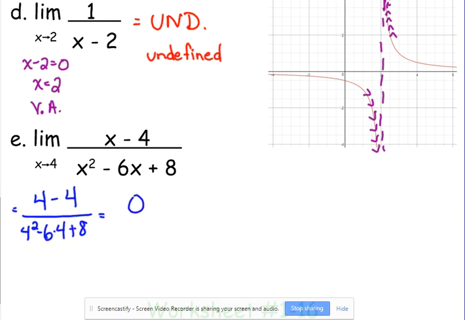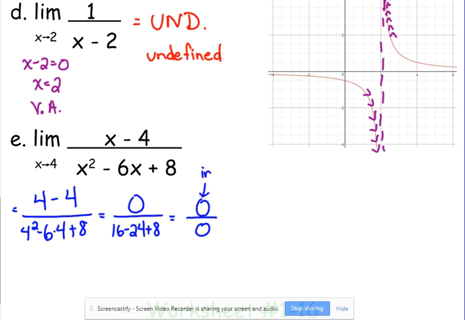So in the numerator we have 0. That doesn't mean stop though. We can divide 0 by a constant and still get an answer. Just because there's a 0 involved in our fraction doesn't mean automatically put the brakes on. The denominator is what's more important here. 4 squared is 16, minus 24, plus 8. Here's where the problem's coming up. 16 minus 24 is negative 8, plus 8 is 0.